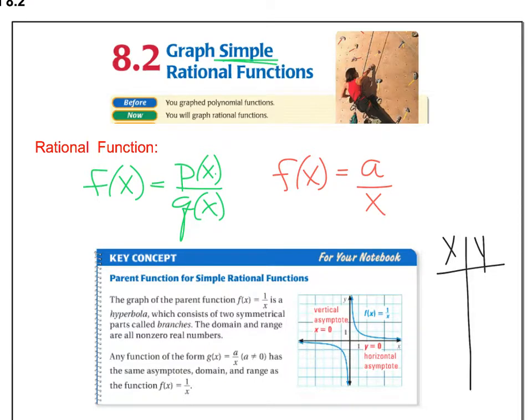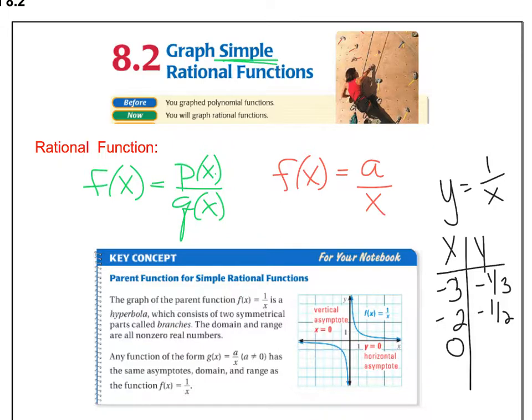So let's begin entering some numbers. So if I put in a -3 for my x value, and let's say that this constant on top was 1 over x, and I put a -3 in, you can see that you're going to get a -1/3. If you put in a -2, you get a -1/2. If I put in a 0, something happens.